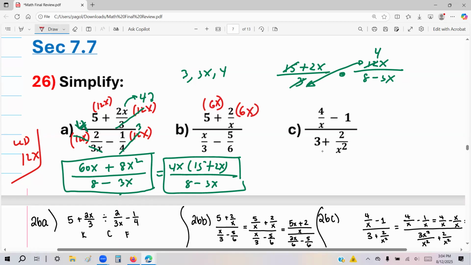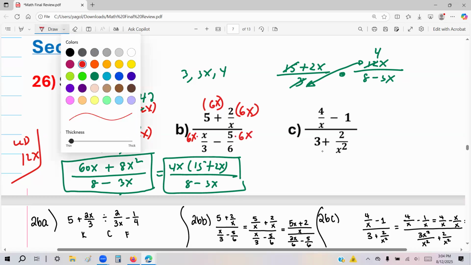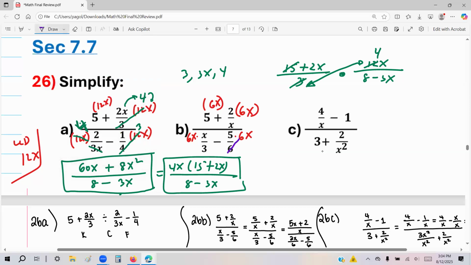When canceling, 6 cancels with 6, x cancels with x, 6 and 3 cancel, left with 2. So cancellation is easy. The hardest part is writing down what remains. People make mistakes on that. What remains on the numerator?